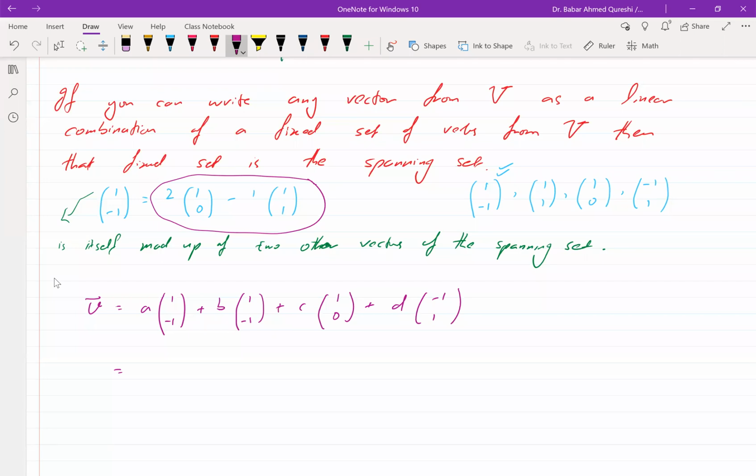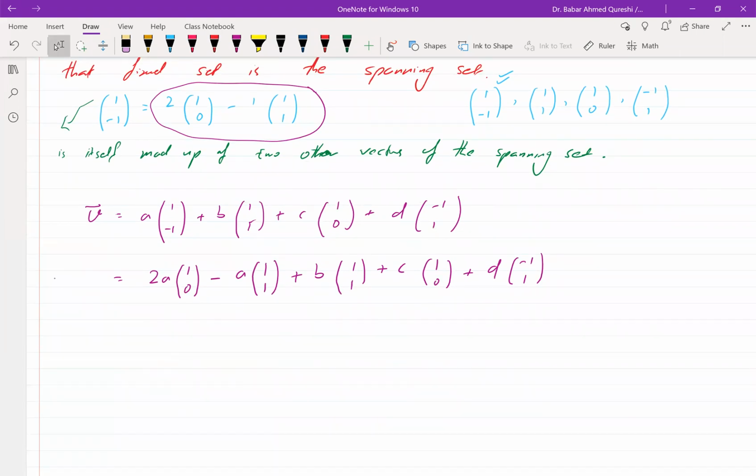So I will have 2A (1, 0) minus A (1, 1), and then these guys, (1, 1) minus, this was (1, 1), plus C (1, 0) plus D (minus 1, 1).